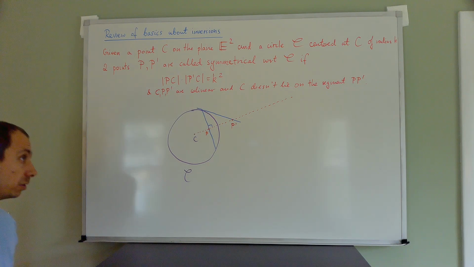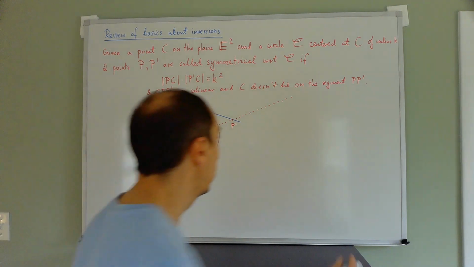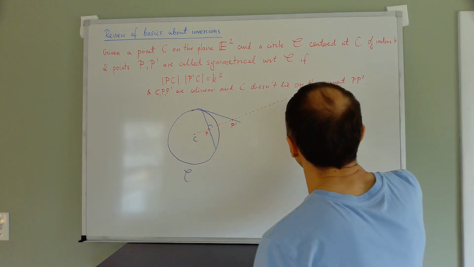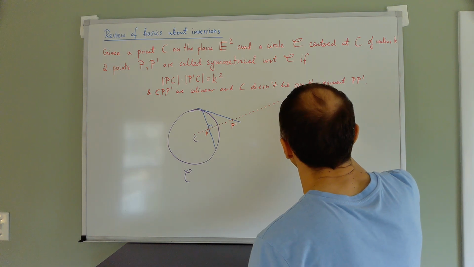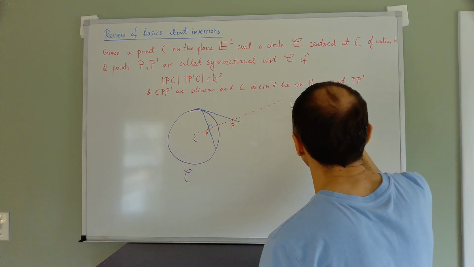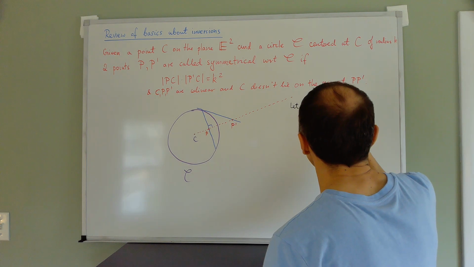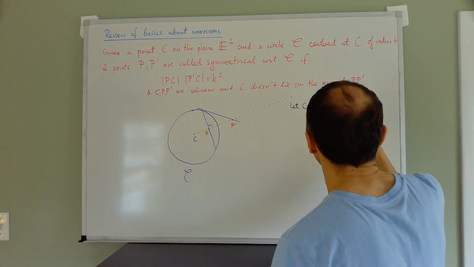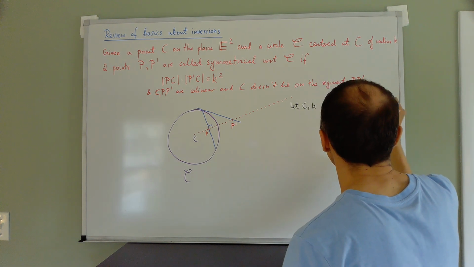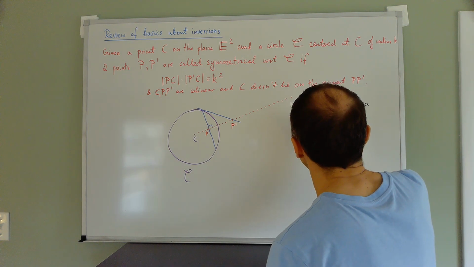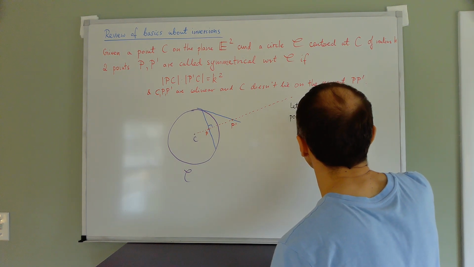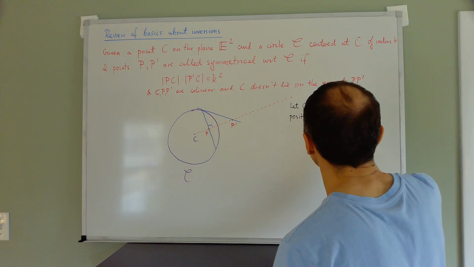So with this, we can now define what an inversion is. Let C and K be a point and a positive number, respectively.